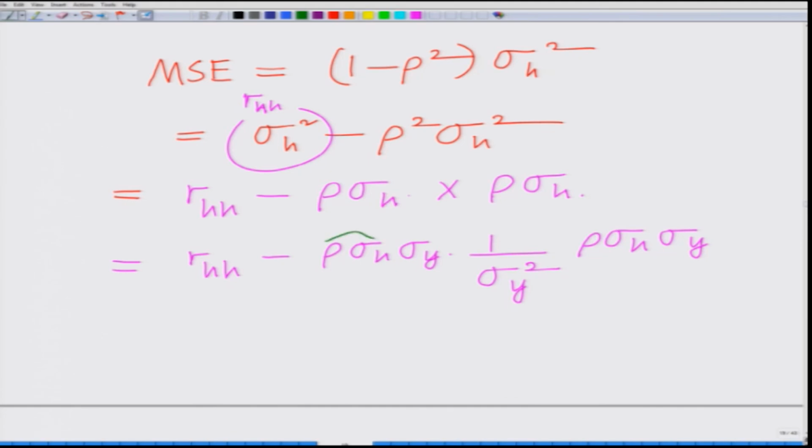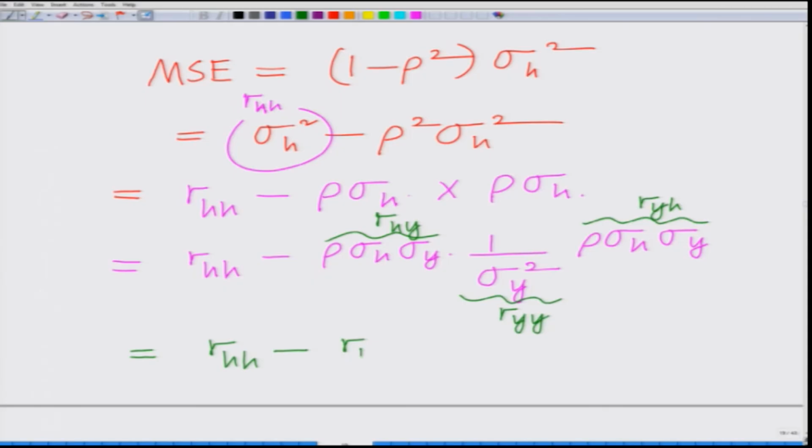Now, you can see this quantity is r h y, this quantity here is r y y, and this quantity I can write as r y h, because for the scalar scenario r h y equals r y h, which might not be the same in the vector scenario. In fact, r h y is r y h transpose for real vectors.